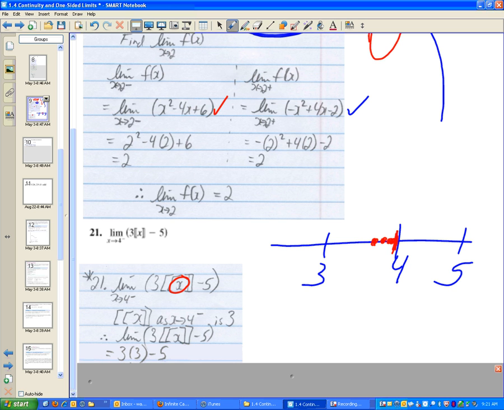I am kind of substituting once I've figured out how that greatest integer function works. So figure out how the greatest integer function works, then do the substitution, and then you can find your limit. So we know that as x approaches 4 from the left, the greatest integer of that will be 3. So replace the greatest integer of x with 3, and then evaluate what you get.